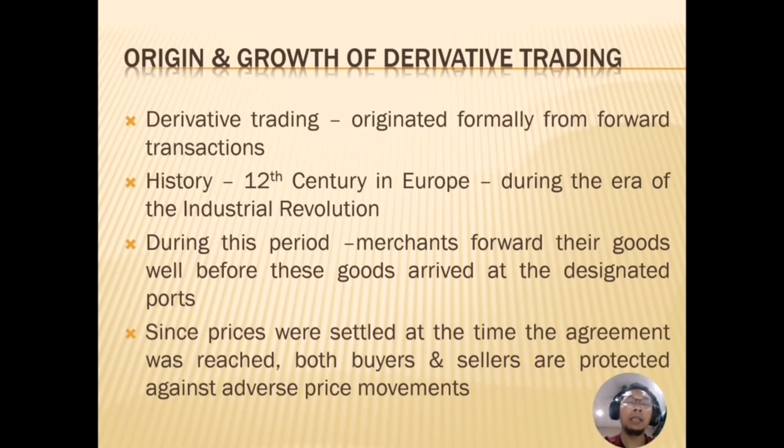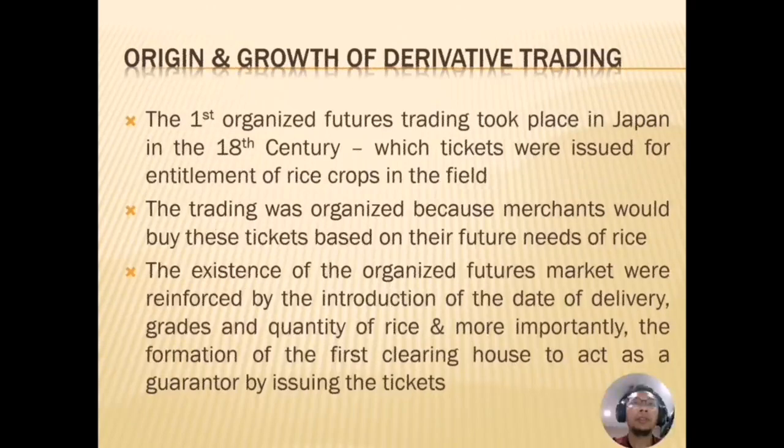Because of the long distance from one place to another, there may be price changes, but both buyers and sellers are protected against adverse price movement. So this is the starting of derivative trading during the 12th century.